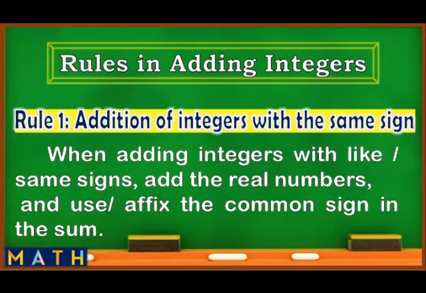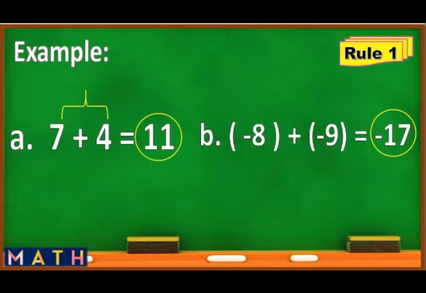On the first example, +7 plus +4 is equal to 11. For example number 2, -8 plus -9, the answer is -17.